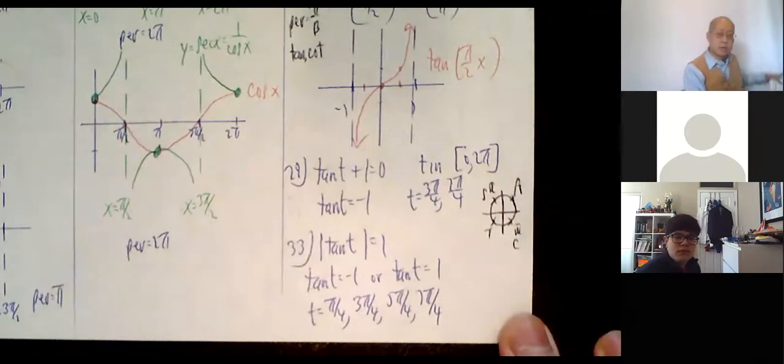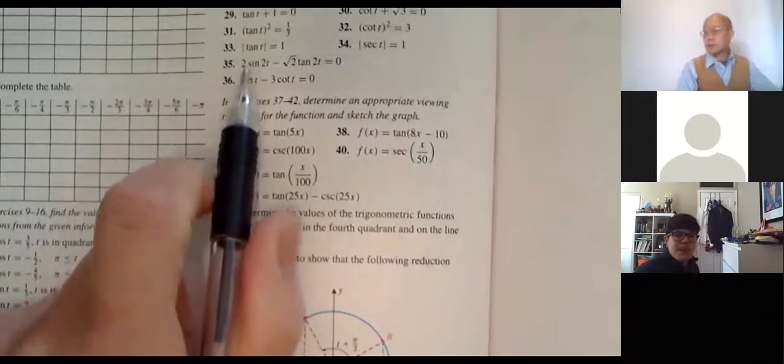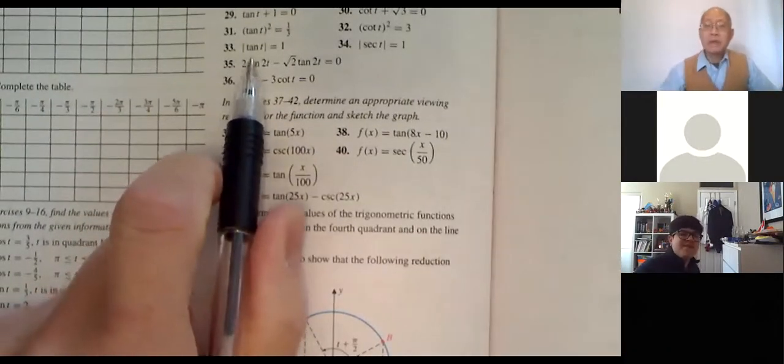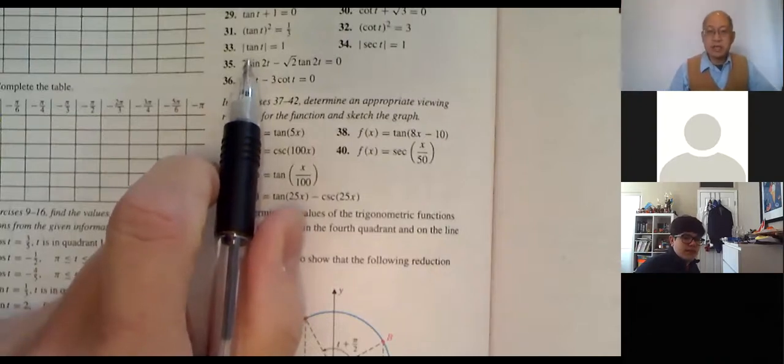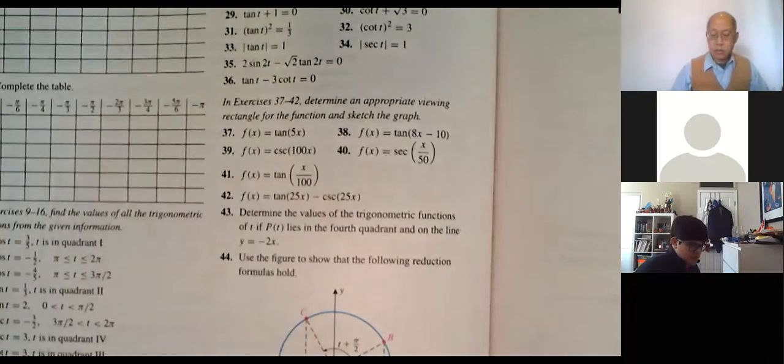Okay, let's look at that one. 33 is only slightly different. Absolute value of tangent t is equal to 1. Absolute value. What does that mean?